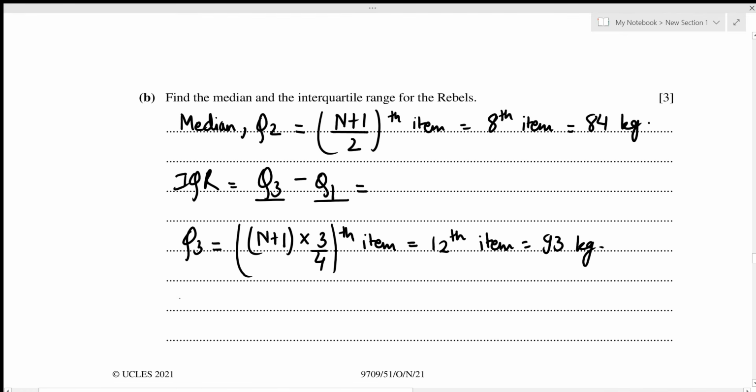Now let's look for the lower quartile value. That's going to be the n plus 1 into 1 by 4th item. We know n is 15, 15 plus 1 is 16, and 16 divided by 4 is 4. So we're looking for the 4th item.